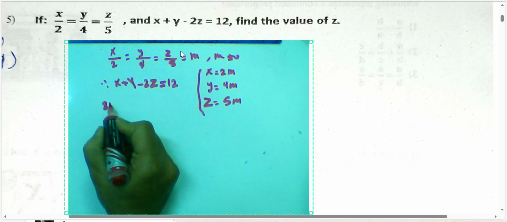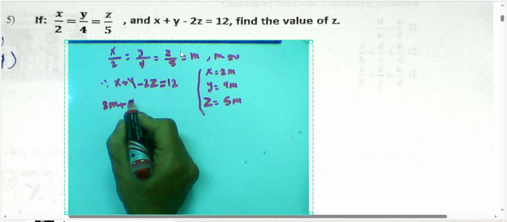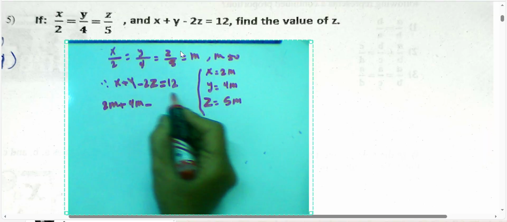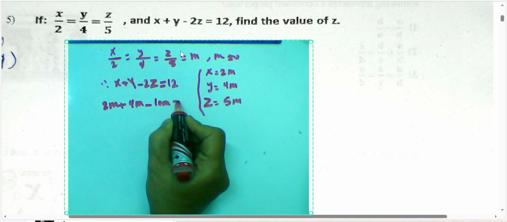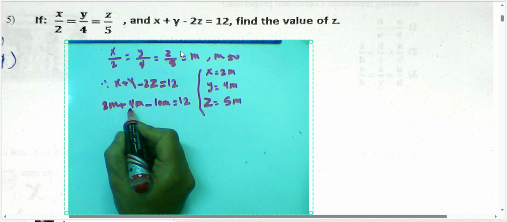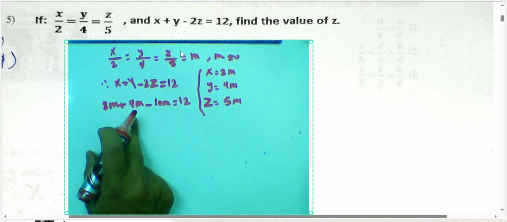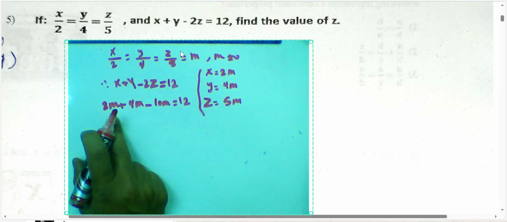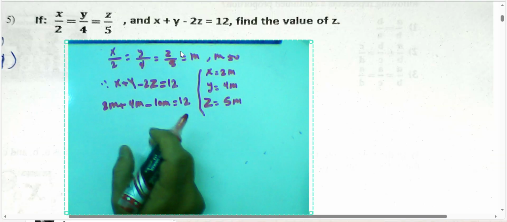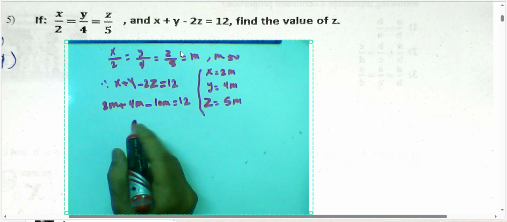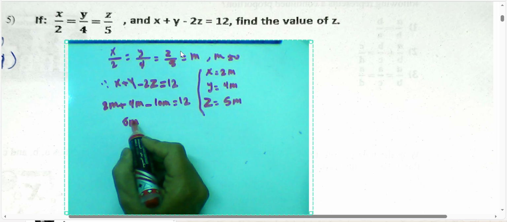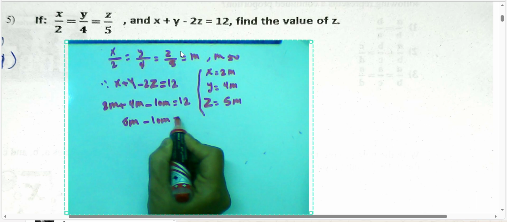Put X equals 2M and Y equals 4M, subtract 2 by Z. 2 times 5 equals 10. 2 plus 4, 6. 6 minus 10. 6M minus 10M equals 12.